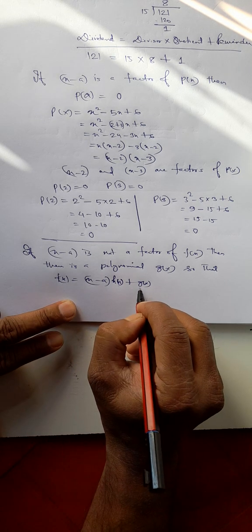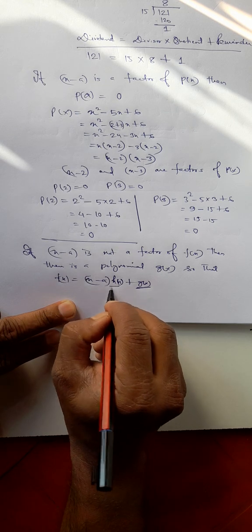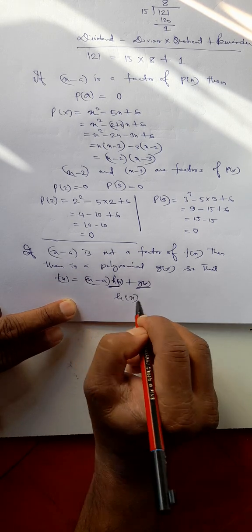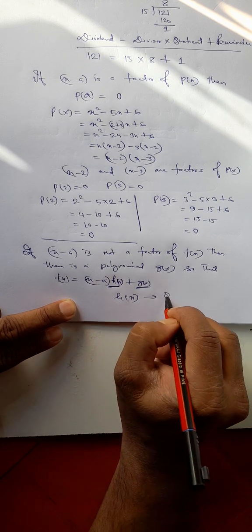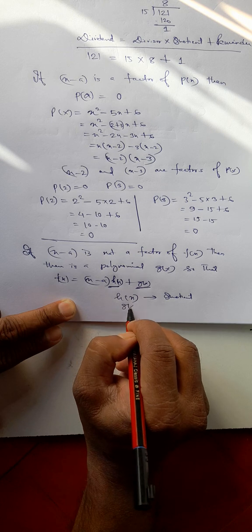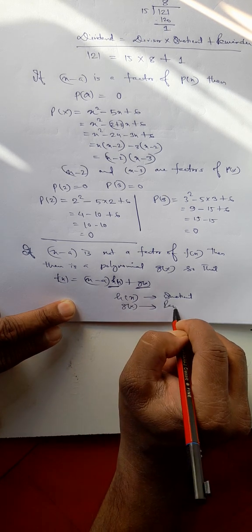Here g(x) is the remainder, and h(x) is the quotient.